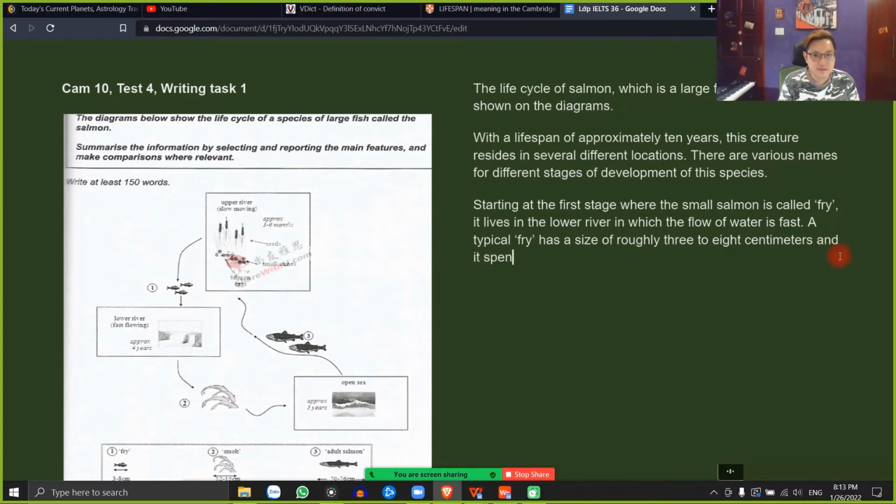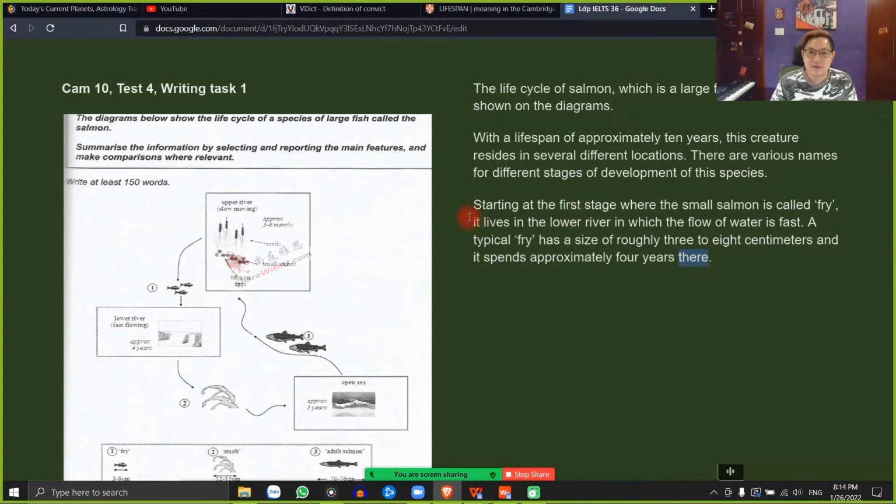And it spans approximately 4 years. It spent approximately 4 years there, và nó dành xấp xỉ 4 năm ở đó.